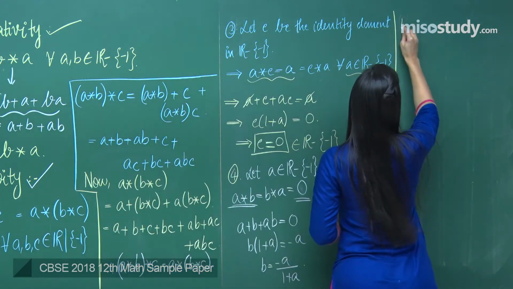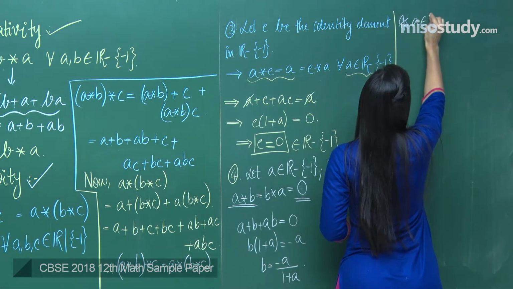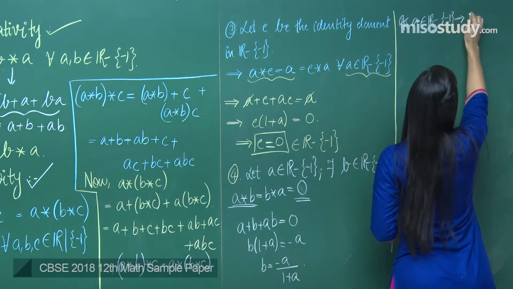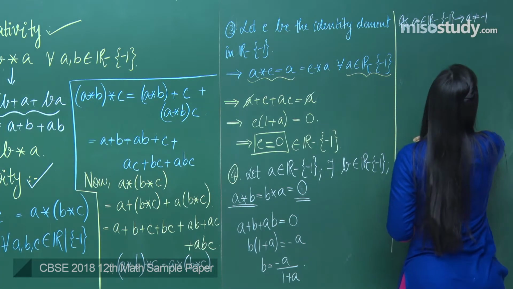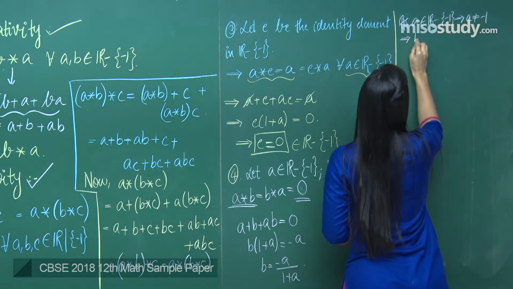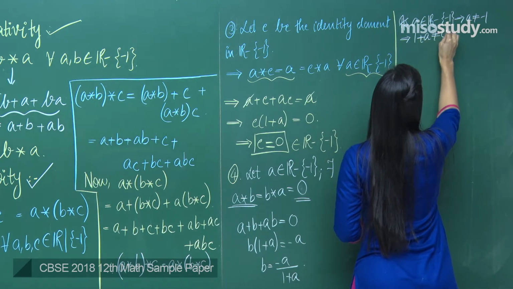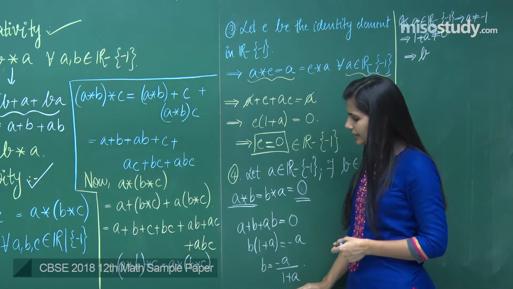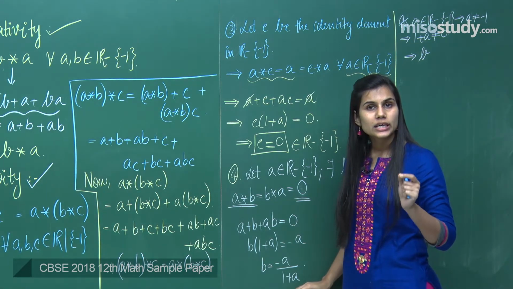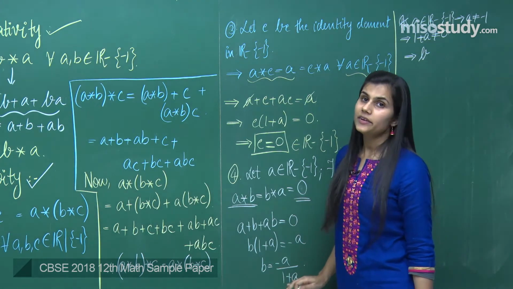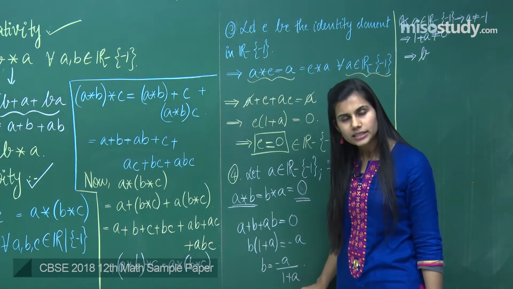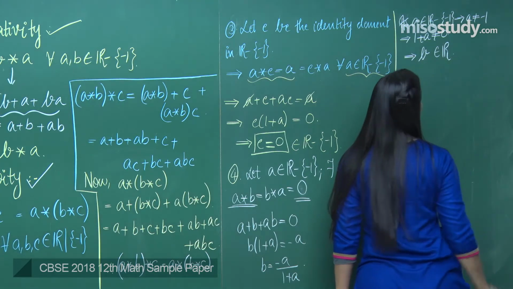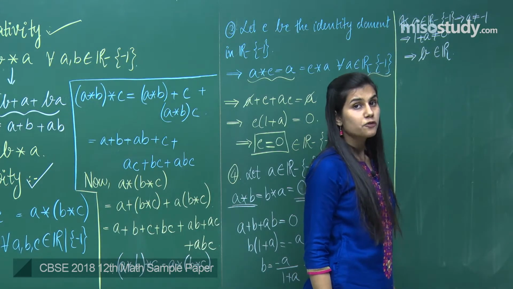So as A is coming from R minus 1, this means that A can never be minus 1, which means 1 plus A can never be 0. This means this is always going to turn out to be a real number. It is never going to give you an undefined term. So B always is a real number. So, halfway we are through.